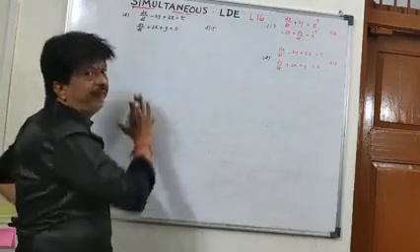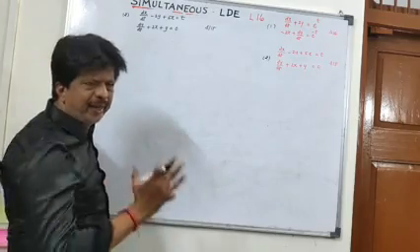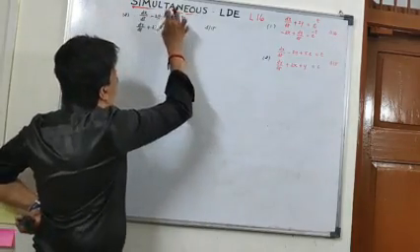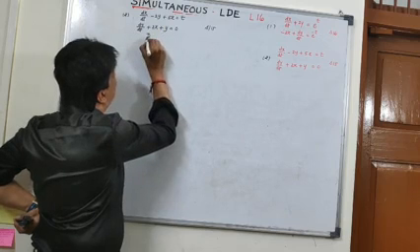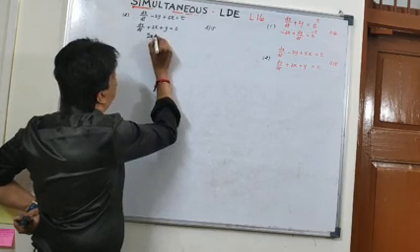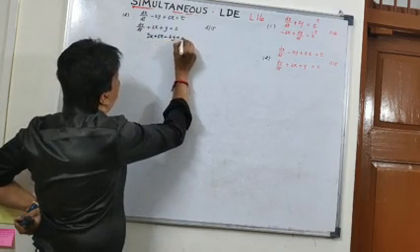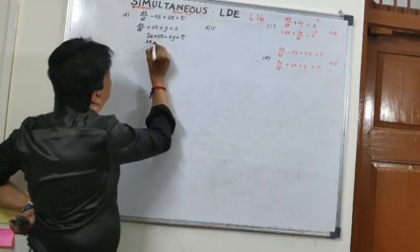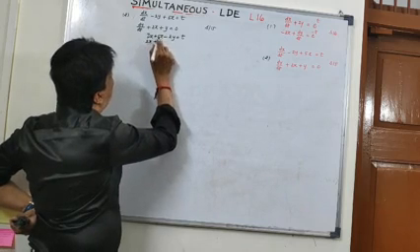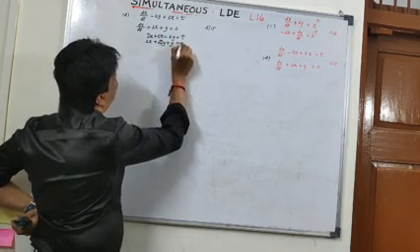Now rewriting this pair of equations in a handsome manner, coefficient-wise, with x and y functions of t. The first equation: dx/dt means D of x, plus 5x, coefficient of y is minus 2, equal to t. Now the second: 2x plus dy/dt, which means capital D of y, plus y equal to 0.